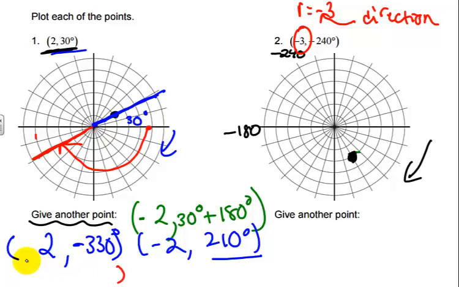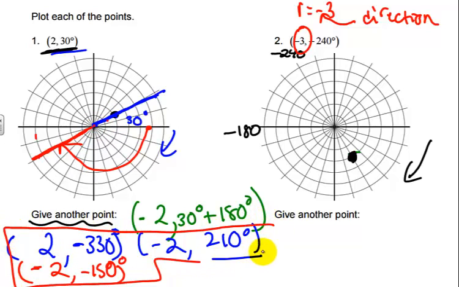I'm only rotating negative 150. So I rotate to this red line as my terminal side. The point is not there. So I put a negative and I count 2 in the opposite direction. Here are the 3 additional points that will get us to the original radius 2 and 30 degrees.